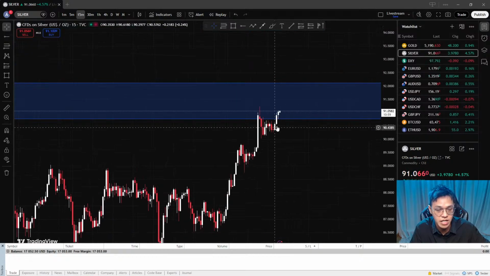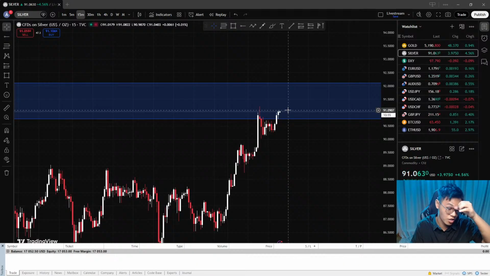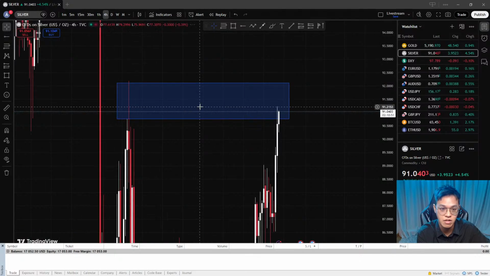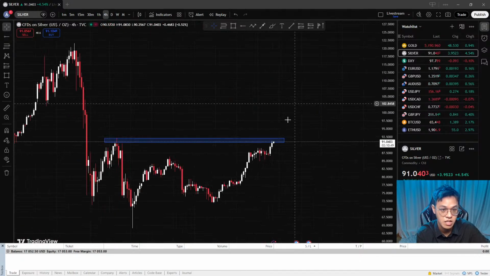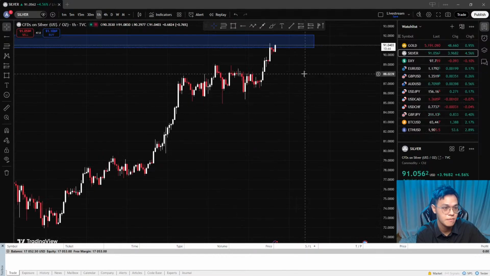Normally when the price touches a higher time frame resistance level, for example this 4-hour resistance, the price will have a retracement.